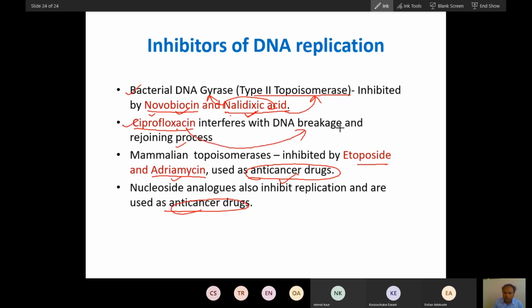It interferes with DNA breakage and rejoining processes. Remember this, nalidixic acid at least, and then anti-cancer drugs. If some chemical inhibits mammalian topoisomerase, it is an anti-cancer drug. If some chemical inhibits bacterial topoisomerase, it is an antibacterial drug, an antibiotic.